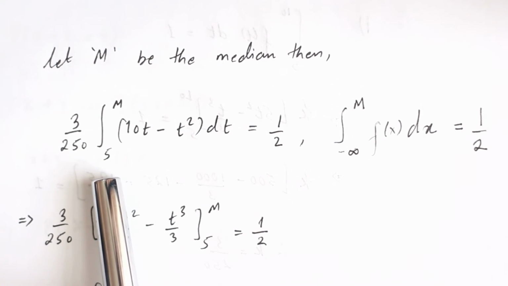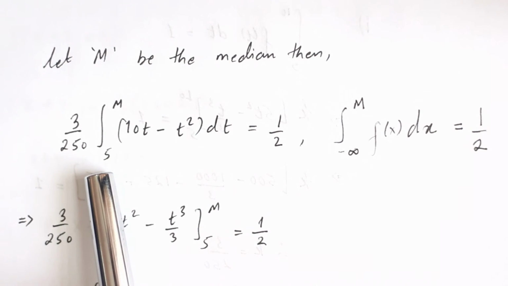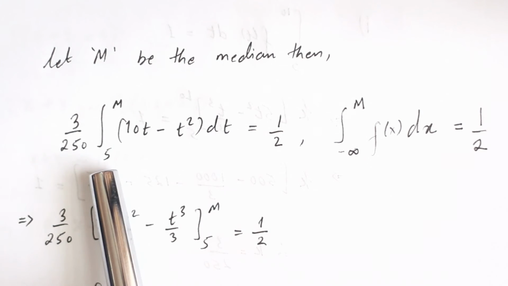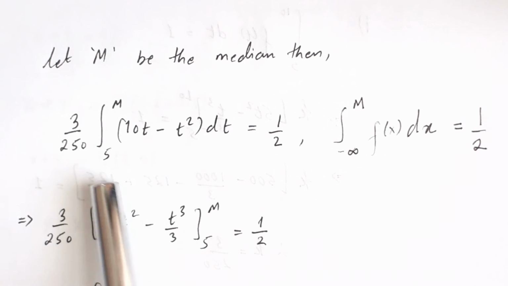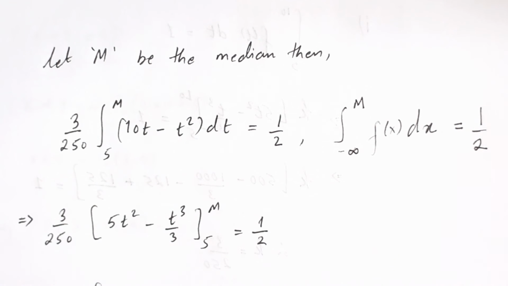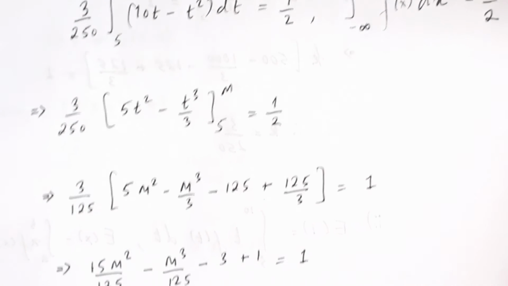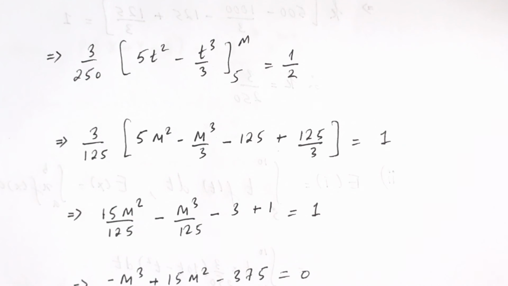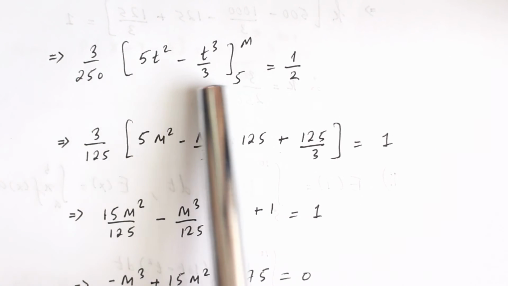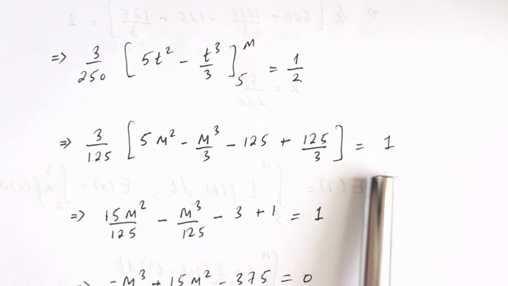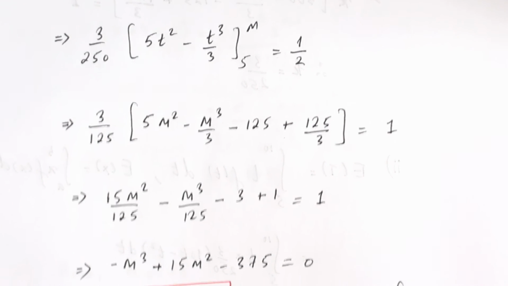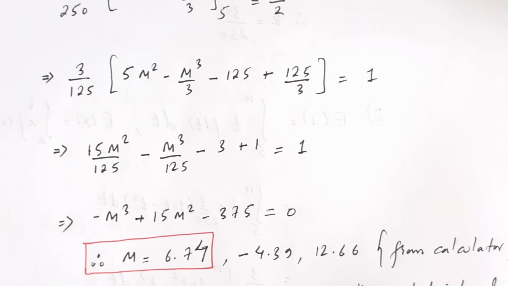As we saw from the question, the function is valid from 5 to 10, so the median has to be from 5 to 10. So the lower limit is 5 here, so we put 5. Then again, it's just a matter of simplifying the expressions like this, integrated. And this is the important part here now.